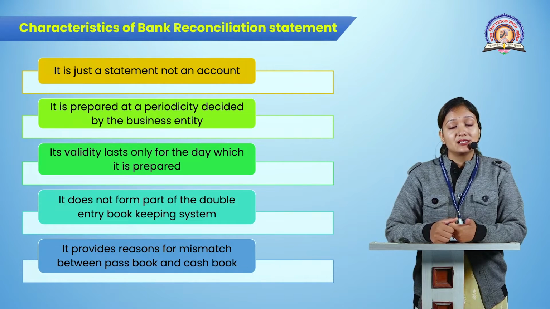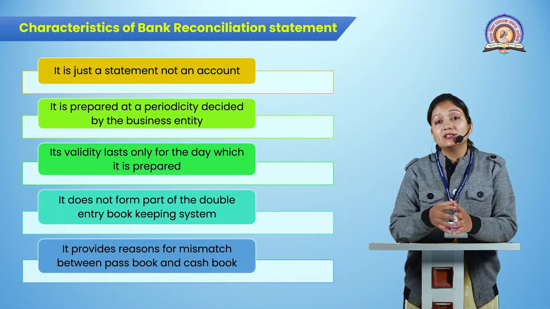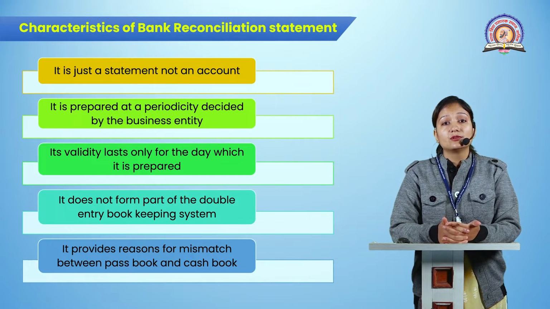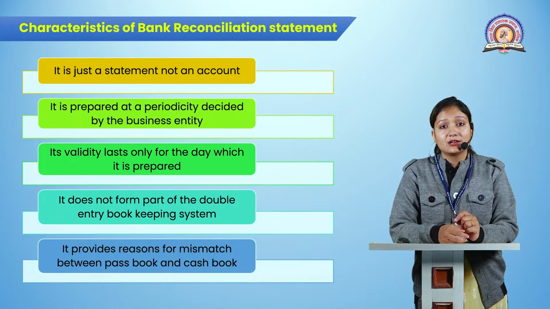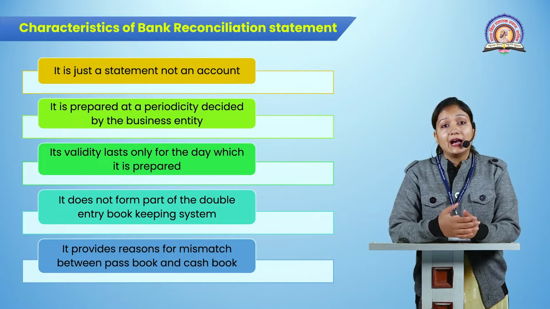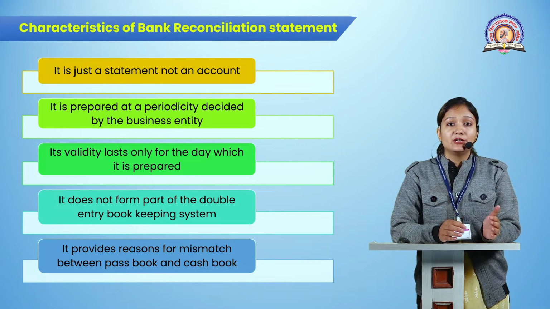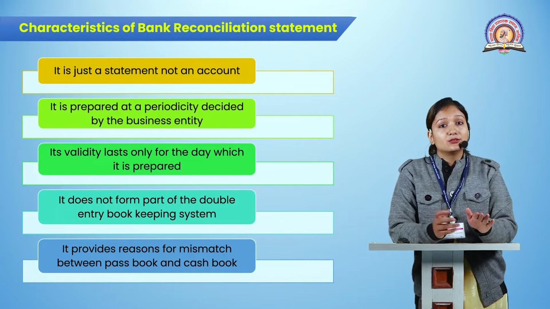Now, the next is it provides reasons for mismatch between passbook and cash book. We are finding out what are the different reasons why there is a mismatch between cash book and passbook. Why the mismatch? Because when I am doing a transaction in my books of account, that is in a cash book, I am as a business entity recording all my transactions. For example, if I'm making any kind of payment to a third party, my balance is getting down, okay, but it is not known to the bank.